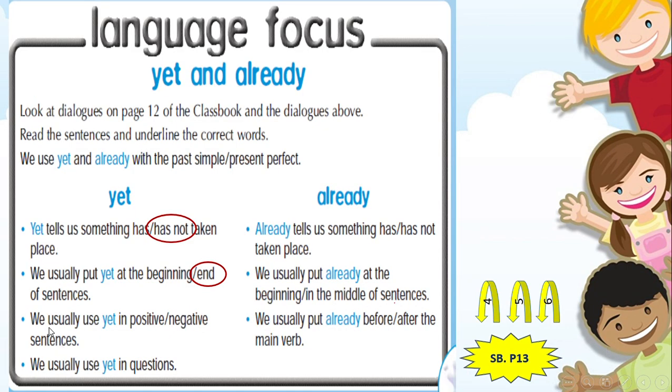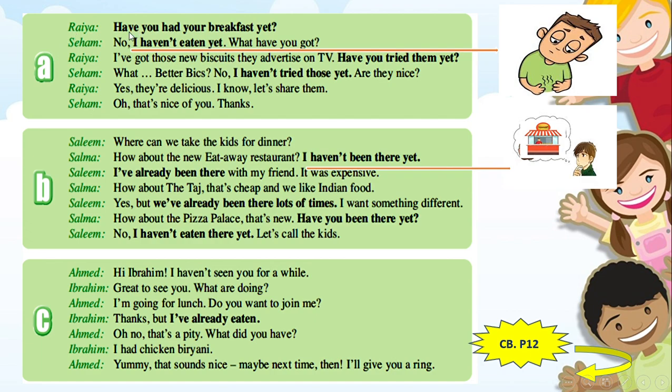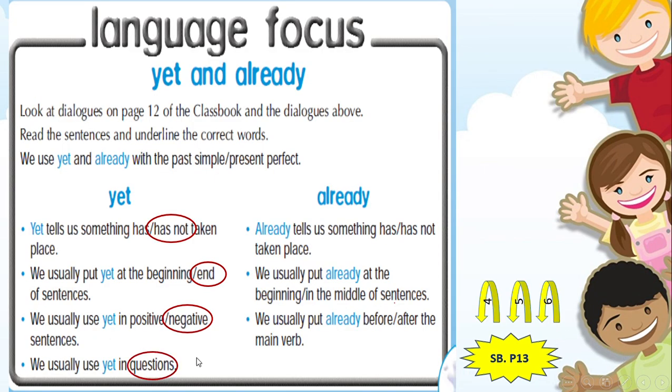Excellent. So, we usually use yet in positive or negative sentences, students? Very good. We use it in negative sentences. And finally, we usually use it in what, students? In questions. As you can see here, have you had your breakfast yet? Have you tried them yet? Have you been there yet? All of these are questions and we use yet in questions also.